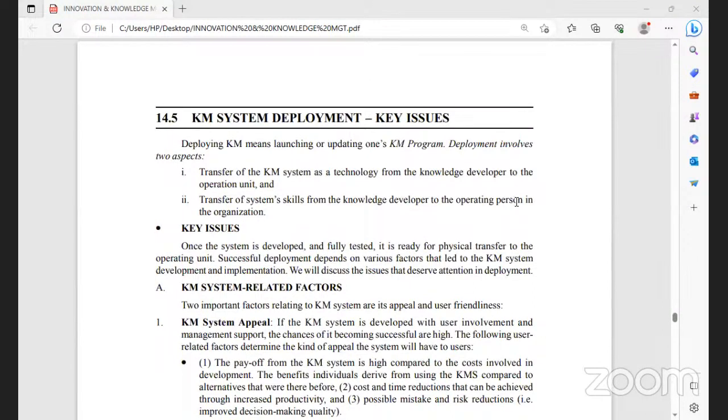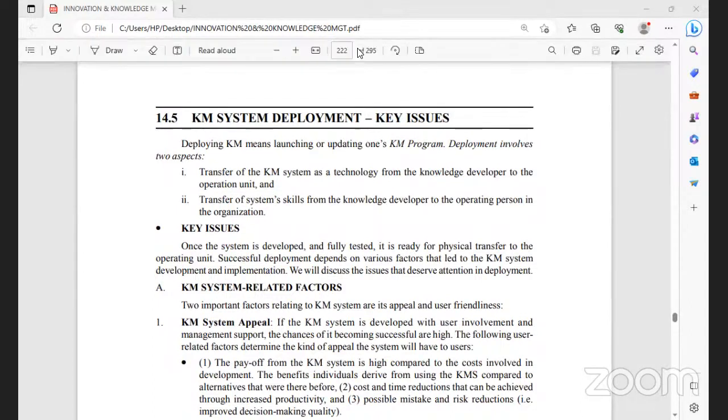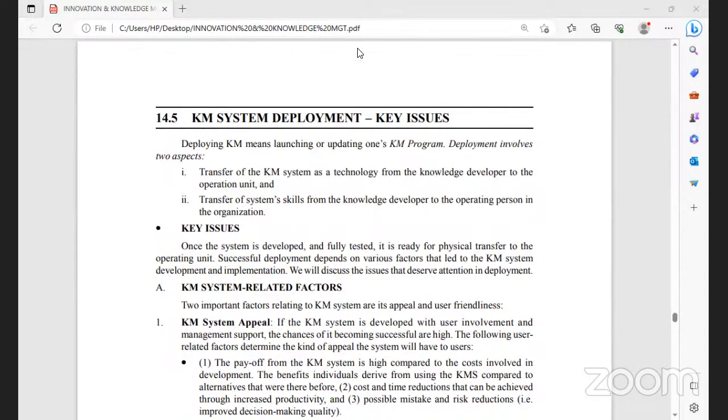Next topic is knowledge management system deployment with some key issues. Deploying knowledge management means launching or updating one's knowledge management program. Deployment involves two aspects: transfer of the knowledge management system as a technology from the knowledge developer to the operating unit, and transfer of system skills from the knowledge developer to the operating persons in the organization.